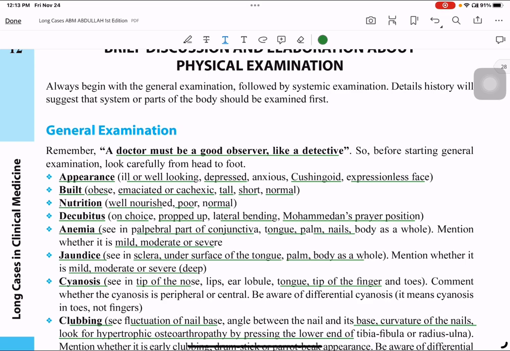There will be elevated curvature of the nail bed, and angulation between the nail and nail base. So that is clubbing, and the fluctuation test is used to detect clubbing.